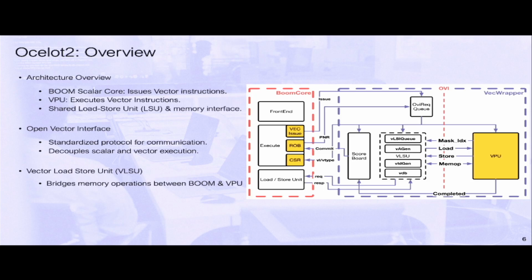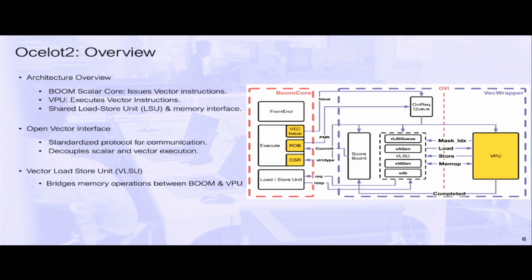Here we have the high-level architecture of Ocelot 2. On the left side, we have the Boom Scalar Core. This is the out-of-order superscalar CPU that handles all general-purpose scalar instructions, branches, integer math, control flow, and so on. On the right, we have the Vector Processing Unit, VPU. This is a dedicated unit that executes vector instructions.